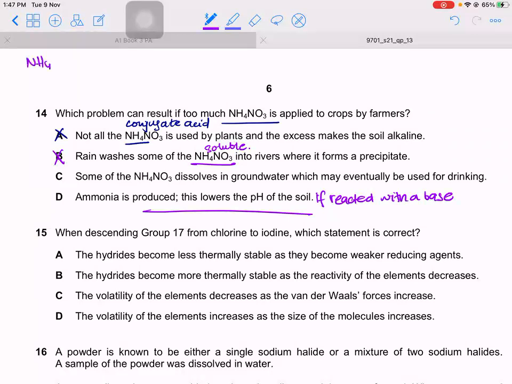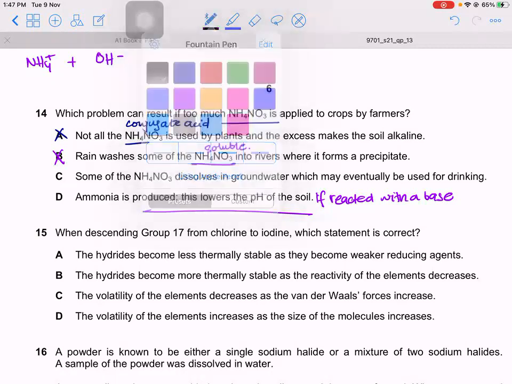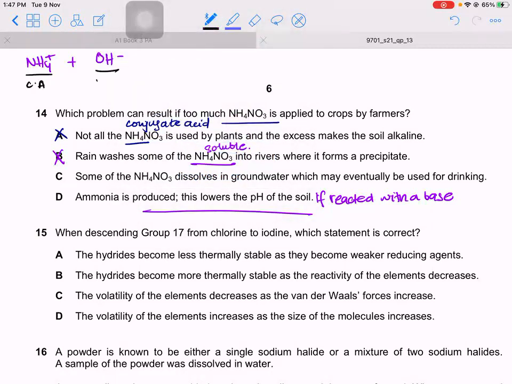If ammonium ions react with a base, then, because this is a conjugate acid and this is a base, the conjugate acid will lose a proton and become ammonia, and the base will become H2O. So only if it reacts with a base will it make ammonia, otherwise it won't.